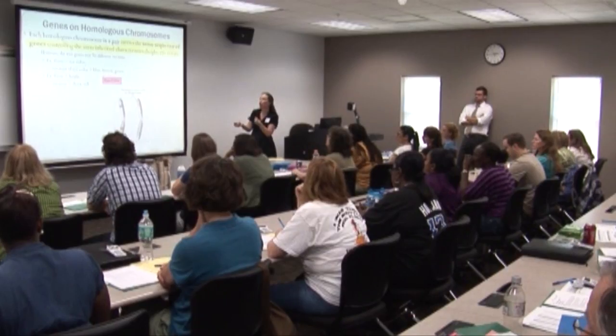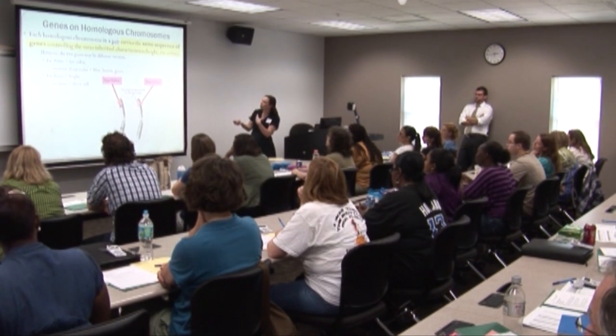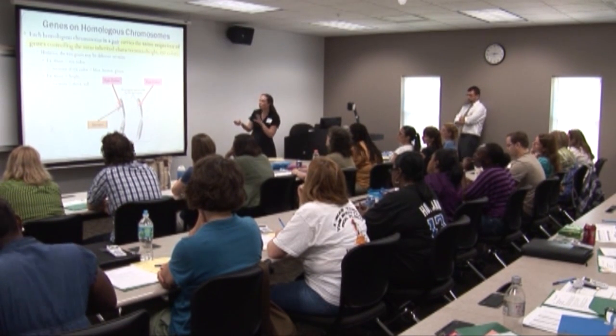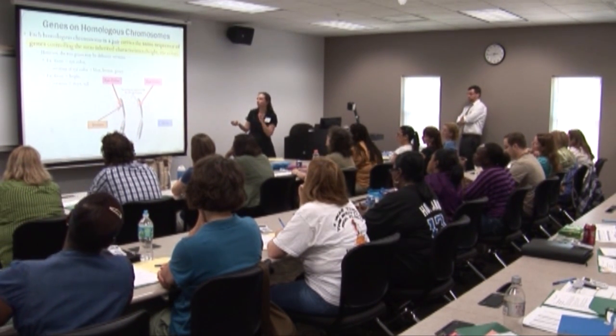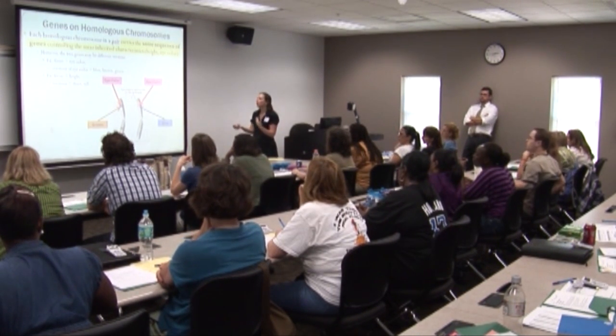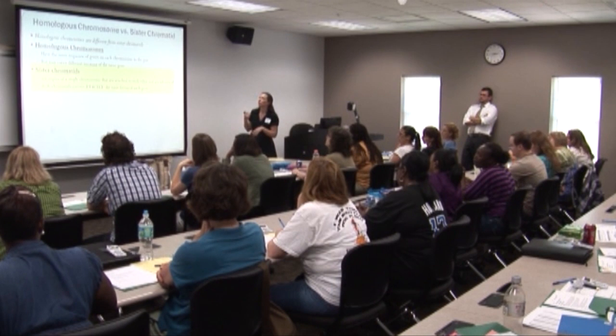So you might have one gene that codes for eye color, and it occurs on both of those homologous chromosomes, but on one of those it could code for the color brown, but on the other it could code for the color blue. And so this variation can be seen within the resulting organism.